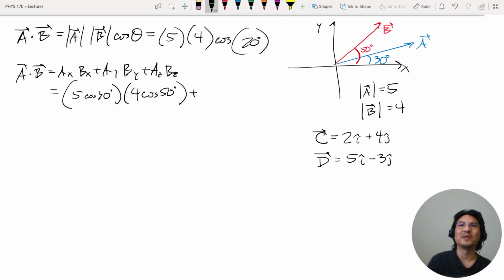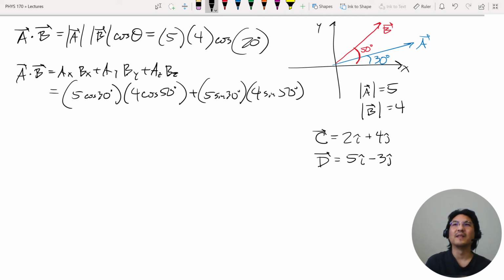Plus, what is Ay? 5 sine 30. What is By? 4 sine 50. And then Az and Bz are both 0. This is two-dimensional. So either of these ways, I mean, for me, I feel like this way was simpler, but either way is correct.